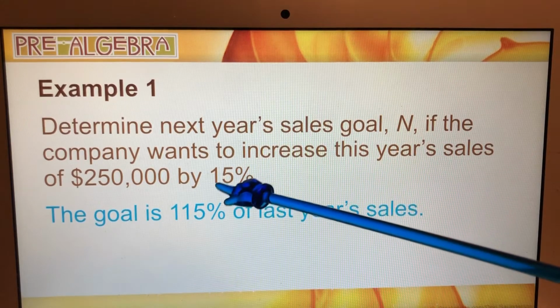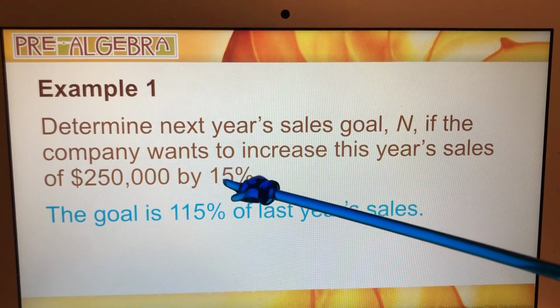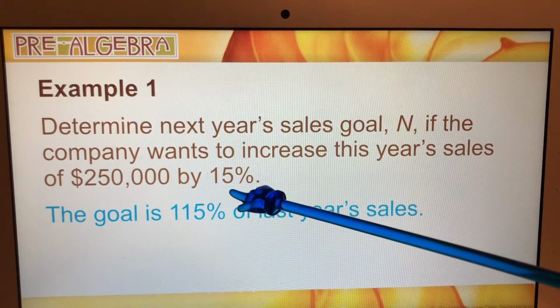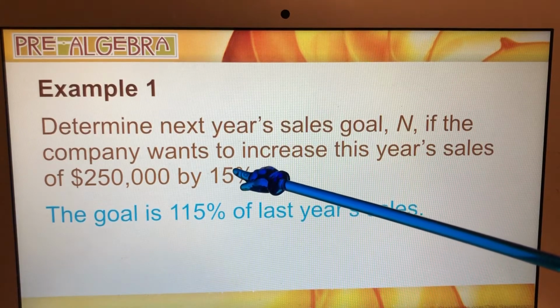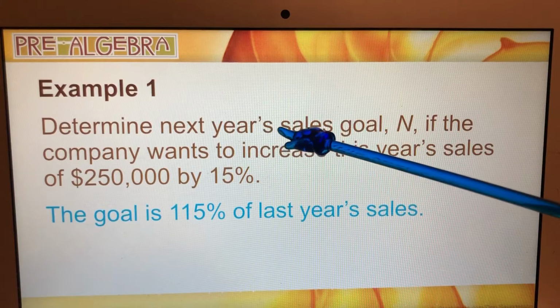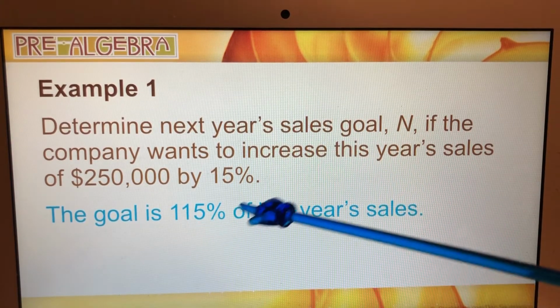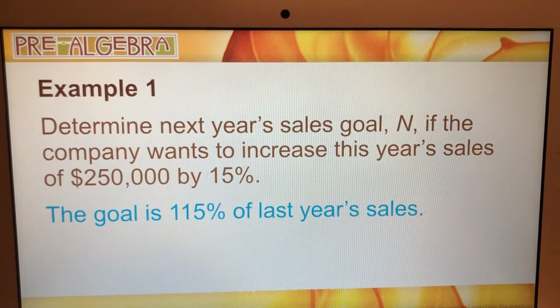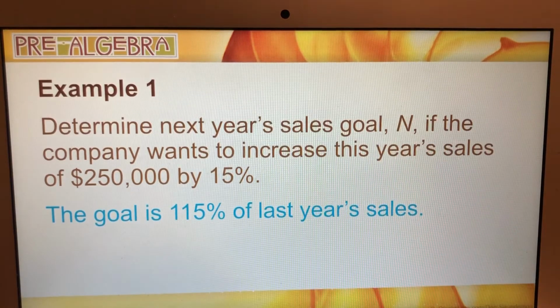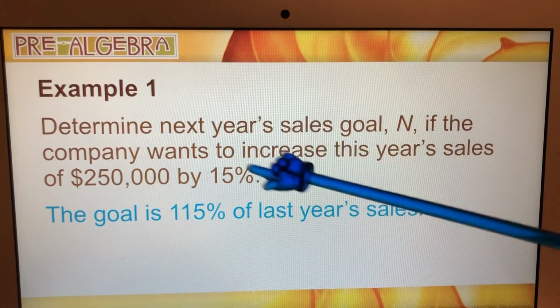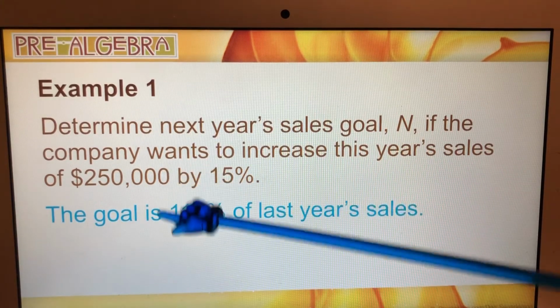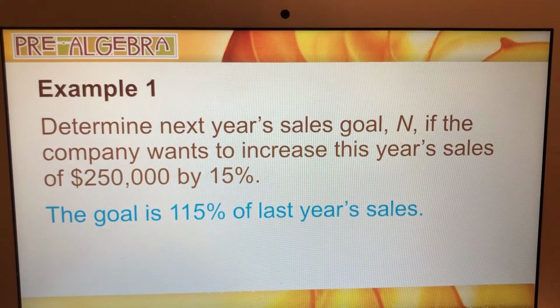So you're going to take the increase here and add 100% to it. So next year's sales goal is 115% of last year's sales. That would be 100% plus the 15% increase, and that's going to give us 115%.